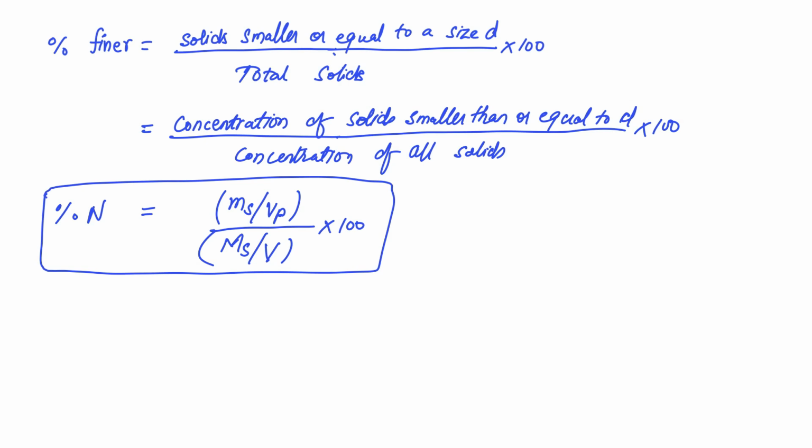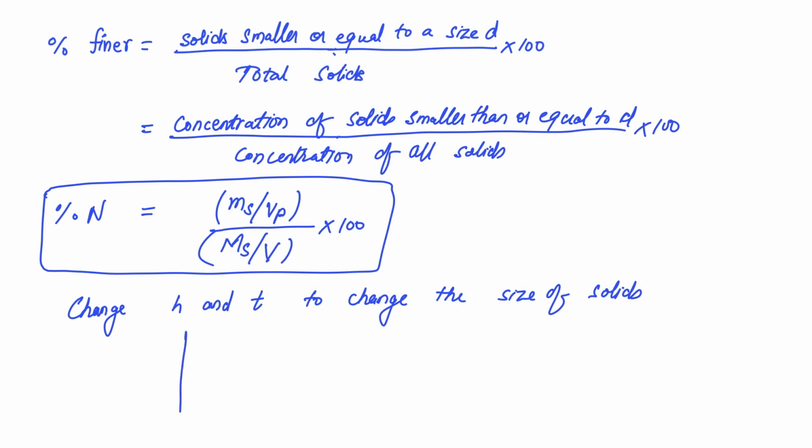So this is how you can easily get the percentage finer for any particular size of solid. You just have to change the value of H and t to change the size of the solids that you are observing. If you change the value of H or t, you will get the percentage finer for a different size of solid.